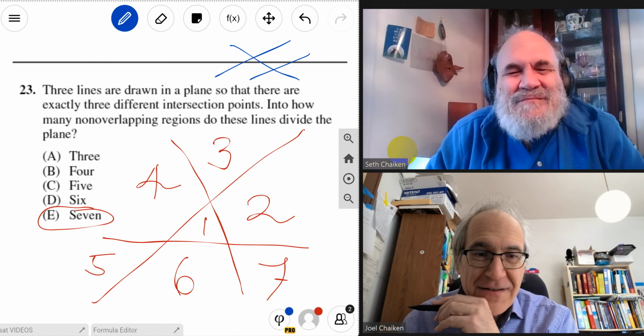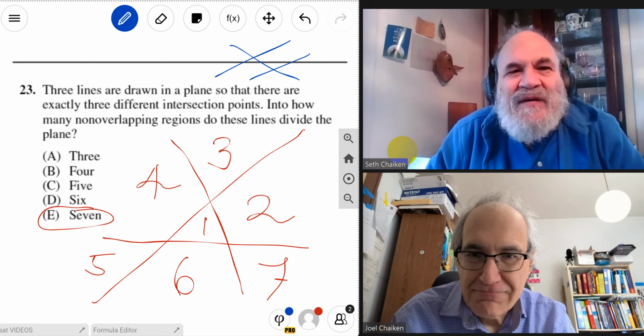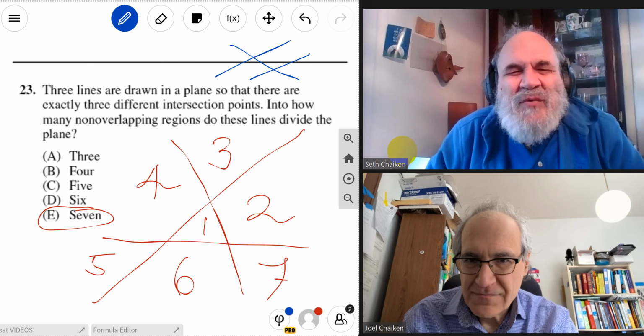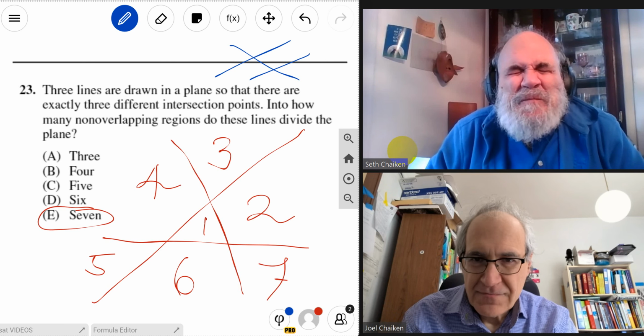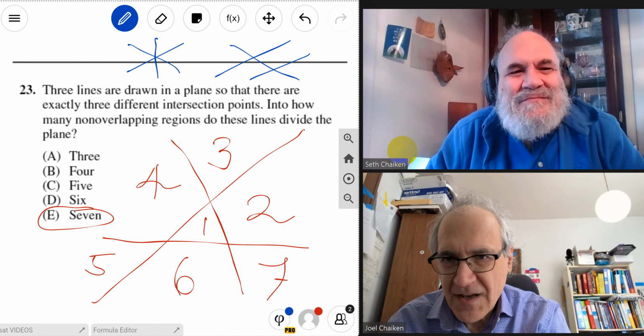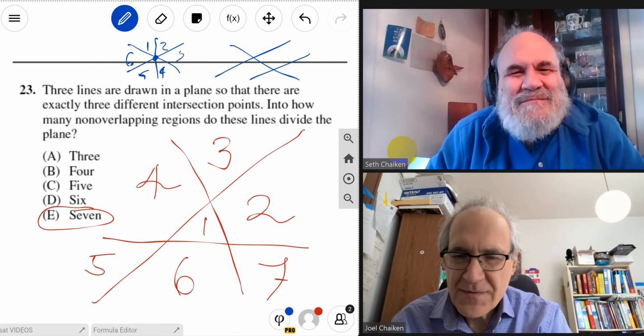And what if the 3 lines meet at 1 point? Then they meet at 1 point, and you get 1, 2, 3, 4, 5, 6. You get 6.